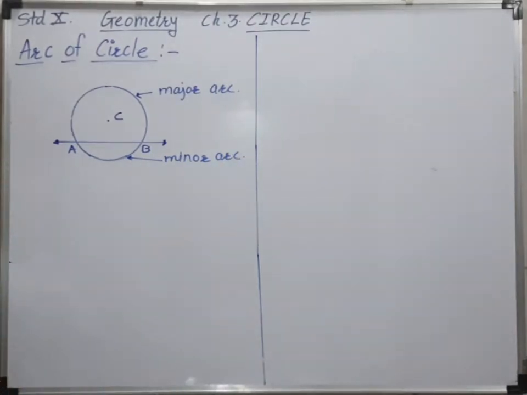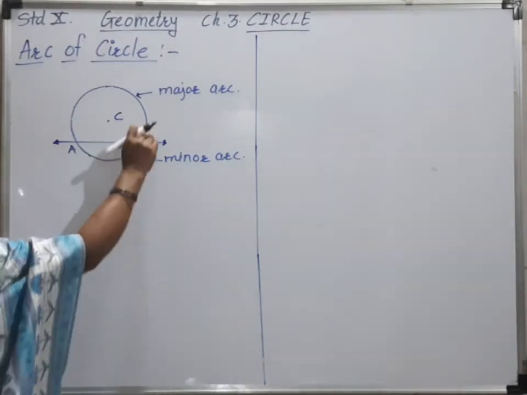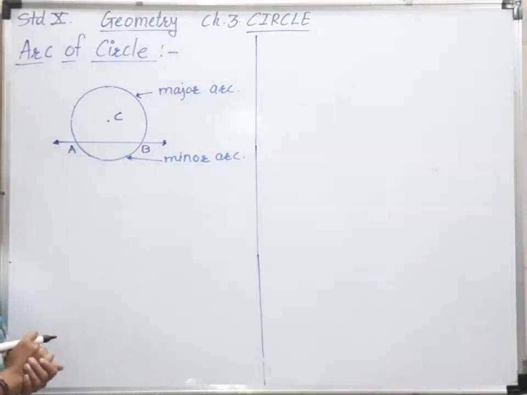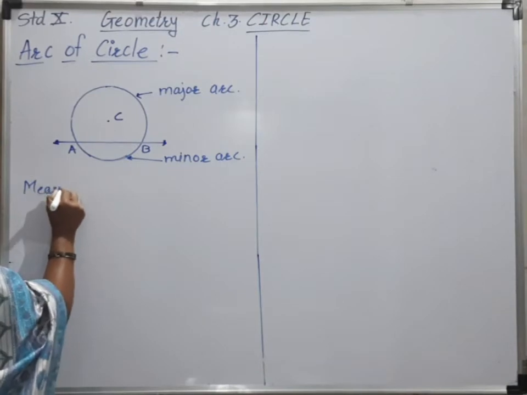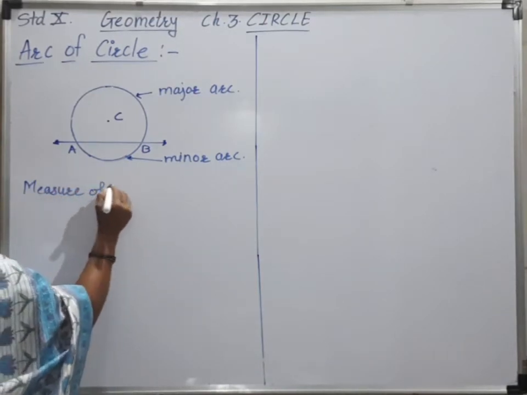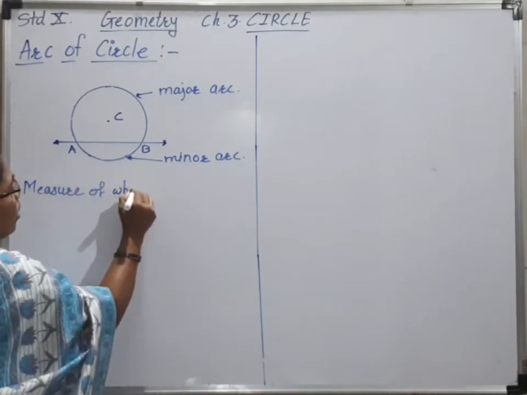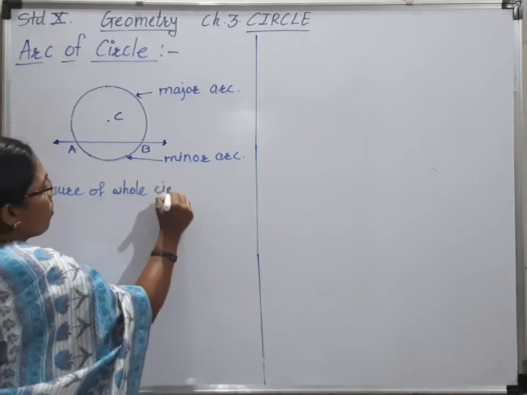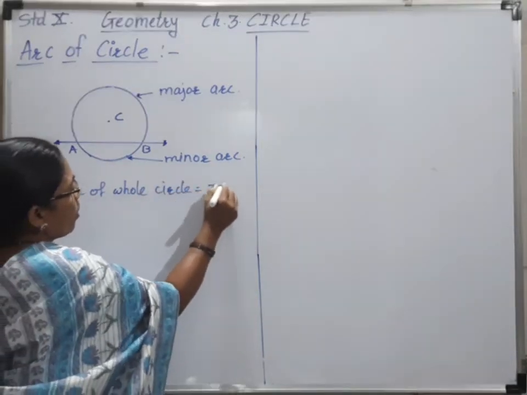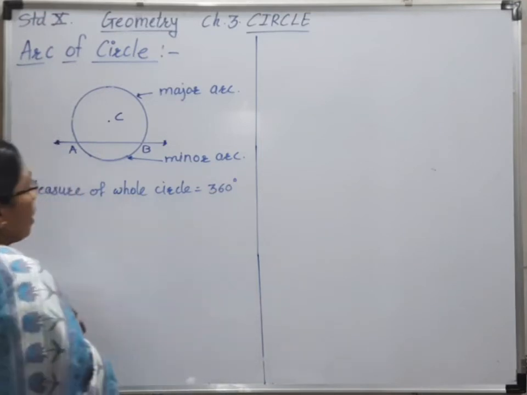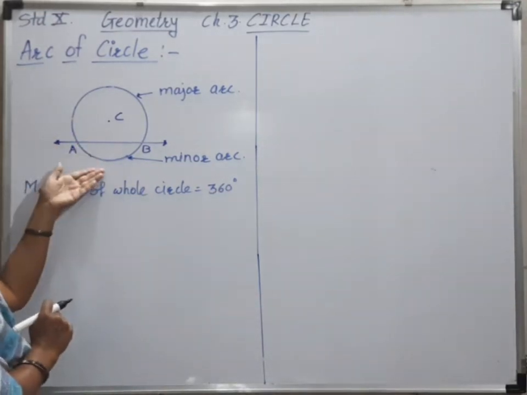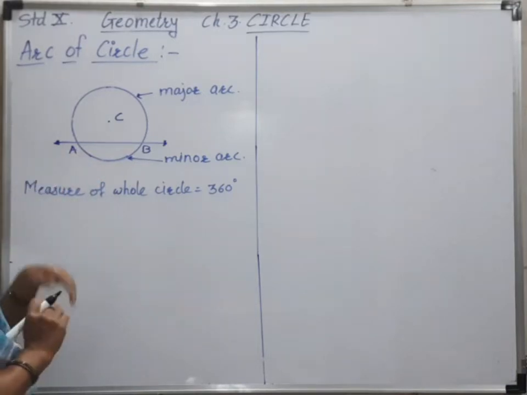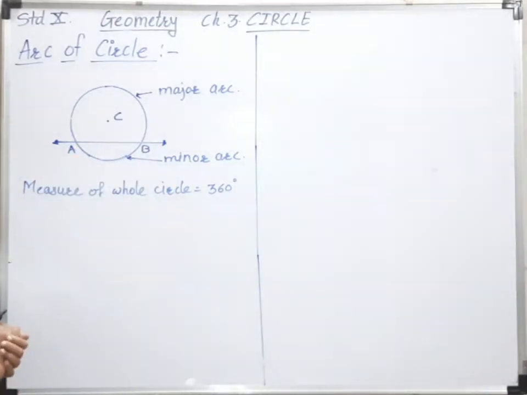Now, as we know, the measure of the whole circle is 360 degrees. If the measure of any arc is given and we want to find the other arc, we can find it easily.